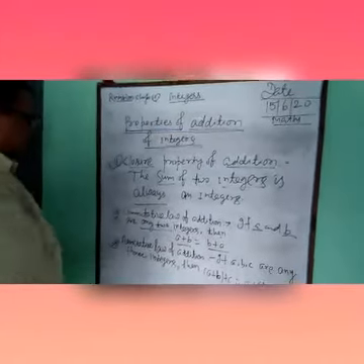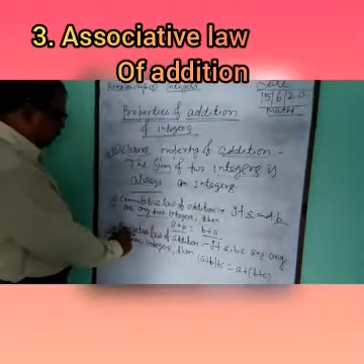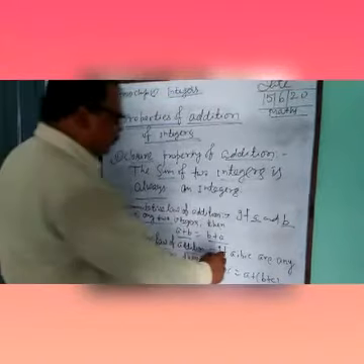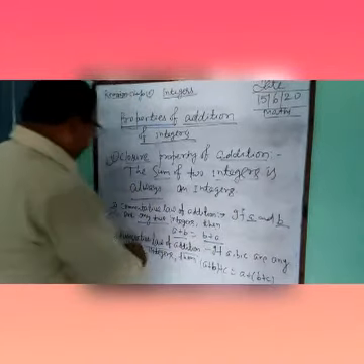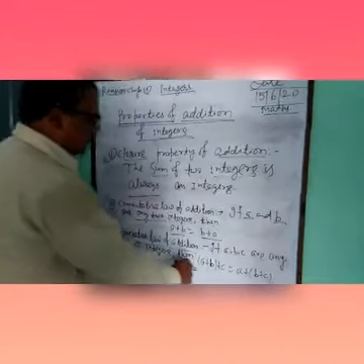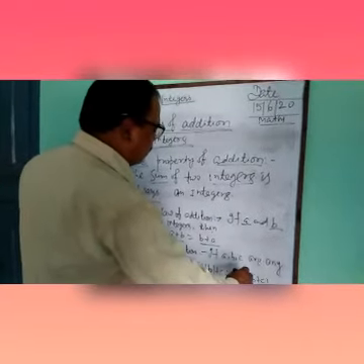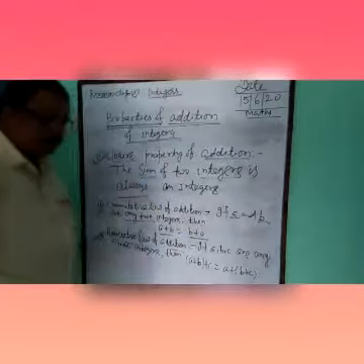Third property, associative law of addition: if a, b, c are any three integers, then (a plus b) plus c is equal to a plus (b plus c).